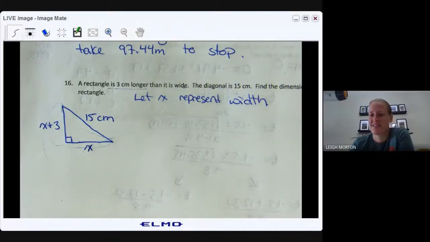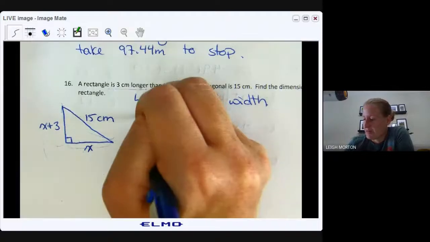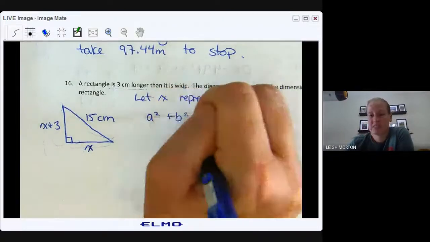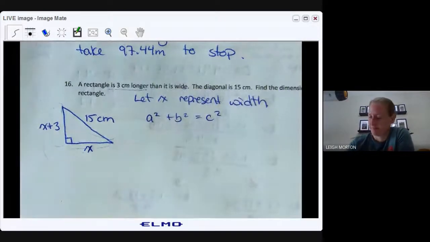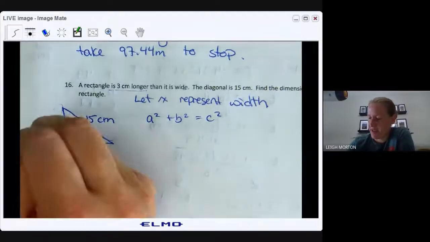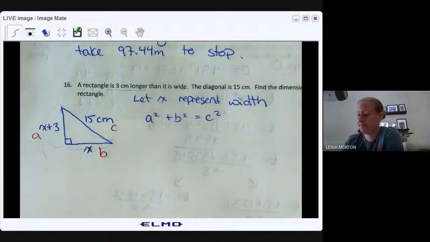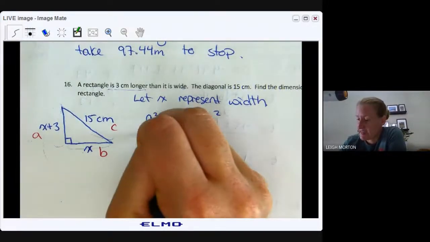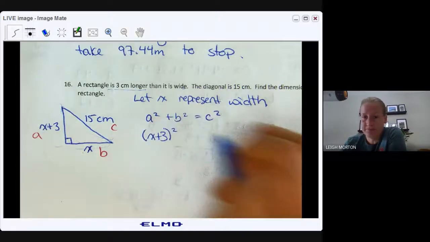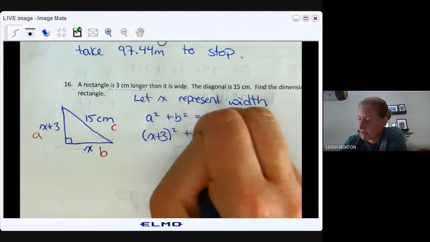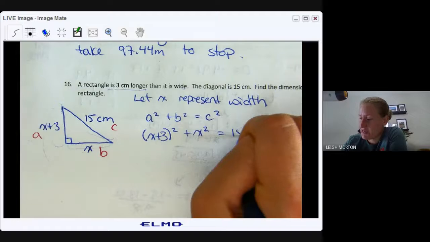The Pythagorean theorem, way to go, Opie. So we know that a squared plus b squared equals c squared. Well, here we have a, b, and c. Hooray! All we're going to do now is sub in. So that means that x plus 3 squared plus x squared equals 15 squared.